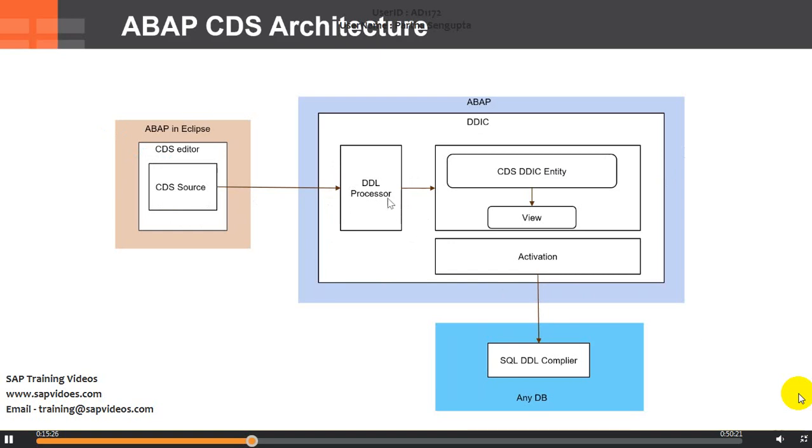As soon as you activate it, it forms a CDS view entity. On activation, one CDS entity will be deployed into the DB layer, and an SQL view will be deployed in the ABAP layer. So two things happen at one time when you activate a CDS view.